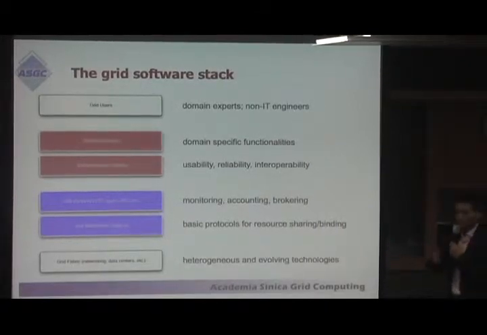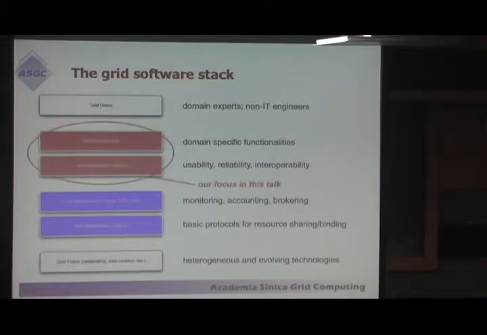And you have the brokering to schedule users' jobs to the right resources so that we can have more efficient resource usage. And then on top of this, actually our focus today, is the application layer.